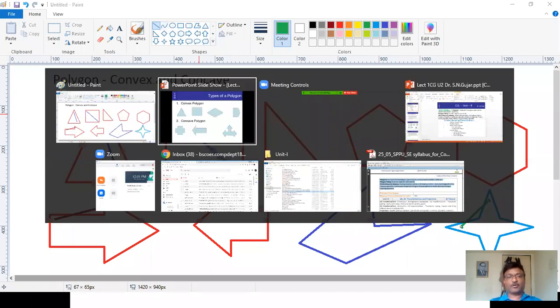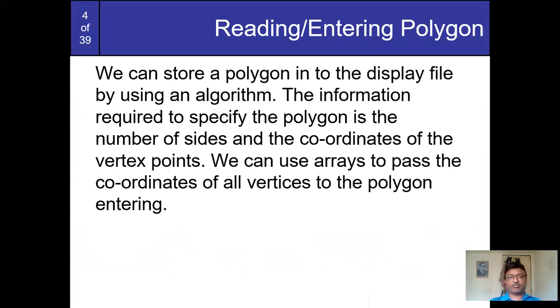Now we have covered concave and convex polygons. Now, how can we read and enter the polygon coordinates? Once you have learned what is meant by a polygon, you have to read it using a program. So how can we read it? We can store the polygon into the display file by using the algorithm.